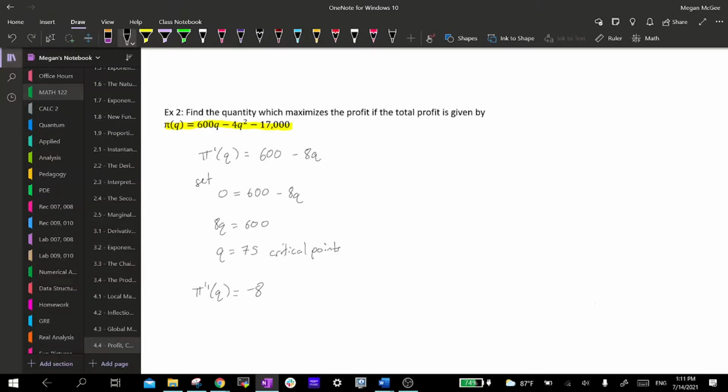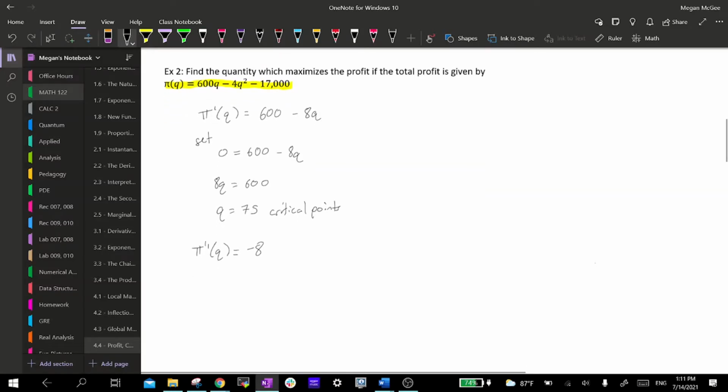No matter what value of Q I put in there, we're going to get -8, because our second derivative is a constant. But just for clarity, the second derivative at 75 is -8. So this is negative, which implies we are concave down, which tells us we have a local max.